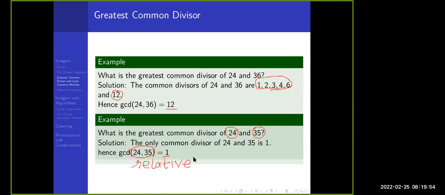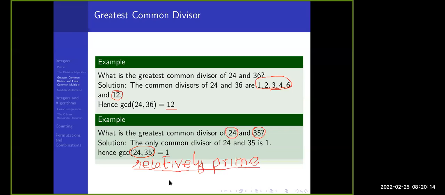We shall define this later, but maybe I can just write it down. Good. So if two integers have greatest common divisor equal to 1, then the two integers are relatively prime.